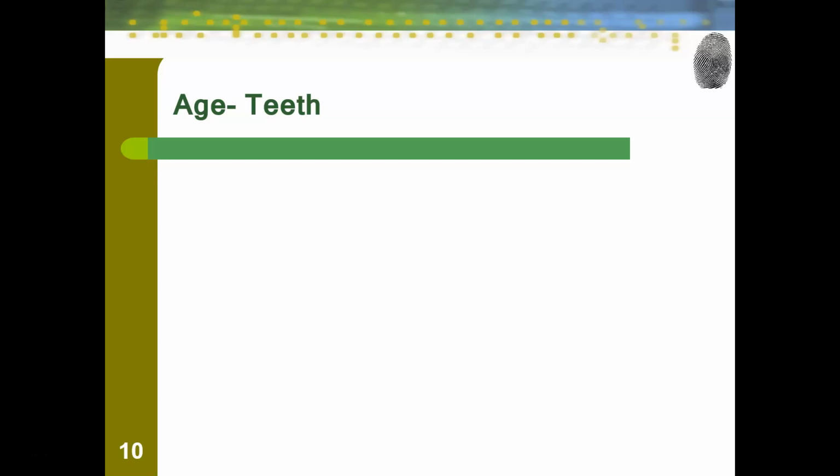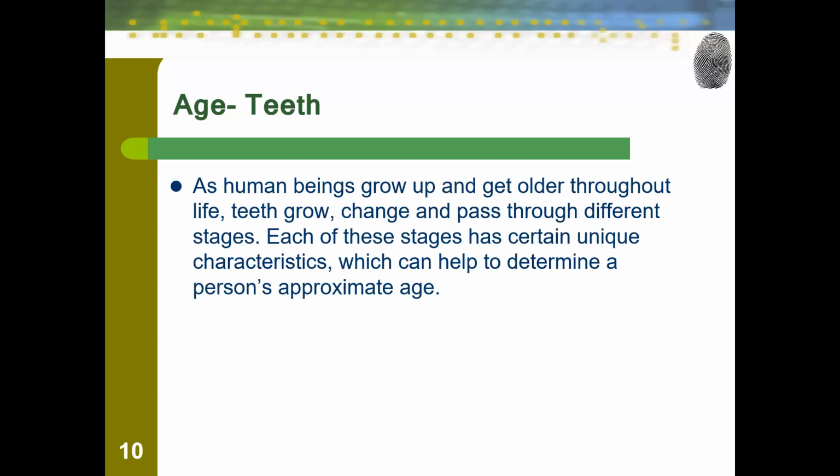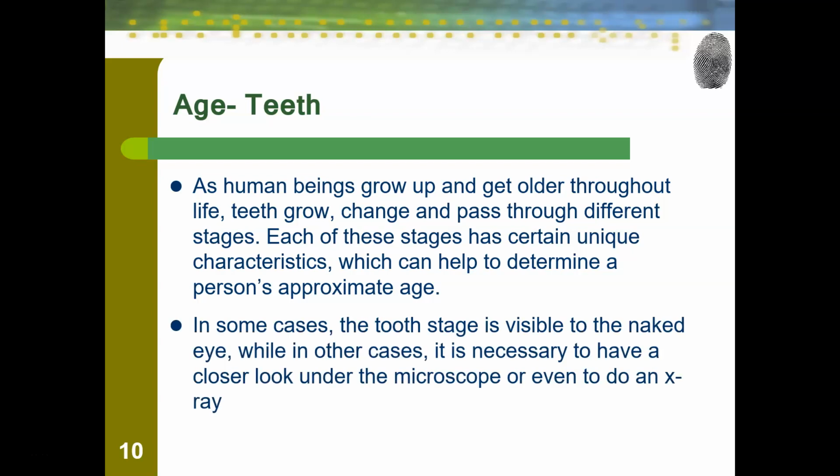Another very popular way of aging skeletal remains is by using the teeth. So as human beings grow up and get older throughout life, teeth grow, change, and pass through different stages. Each of these stages has certain unique characteristics which can help to determine a person's approximate age.